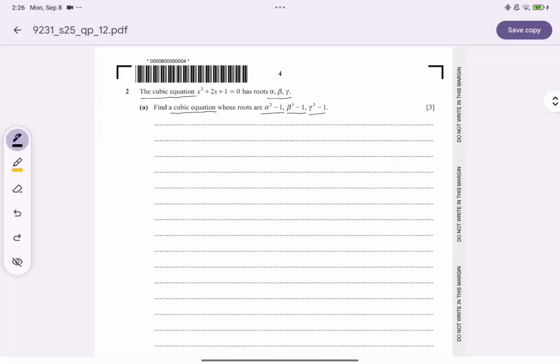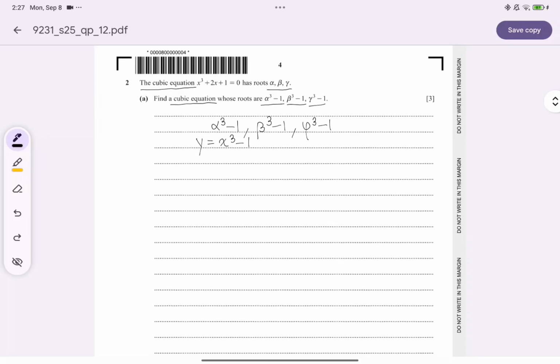And for our new equation, our roots are alpha cubed minus 1, beta cubed minus 1, and gamma cubed minus 1. So this is the same as x cubed minus 1. So therefore, we can use this substitution, y equals x cubed minus 1, and substitute it into our original equation.